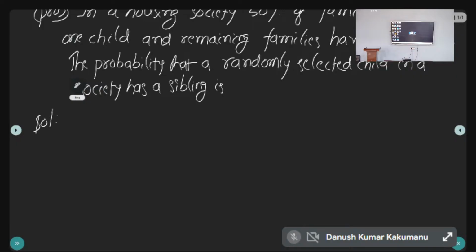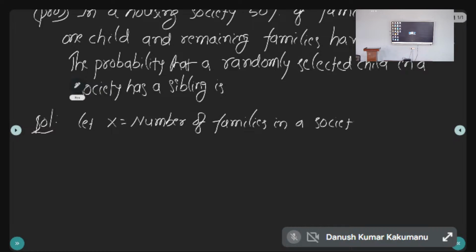Solution. We don't know the total number of families in a society, let it be X. Let X be the number of families in a society. According to the given data, 50% of the families are having one child. Total number is X, so 50% of X is X by 2 families.